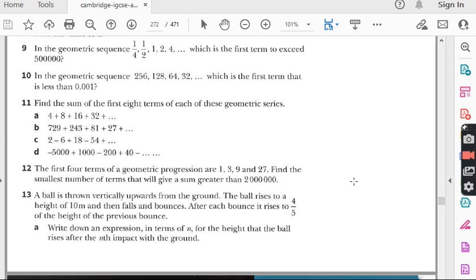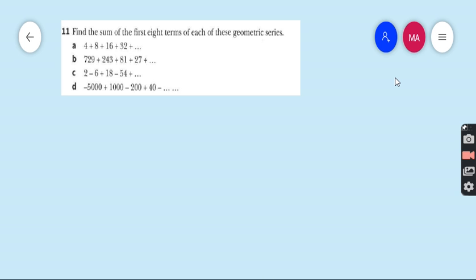So let's start question number 11, exercise 11.4. Question number 11 is: find the sum of the first 8 terms of each of these geometric series. Students, for the sum of a geometric series we should have two formulae.